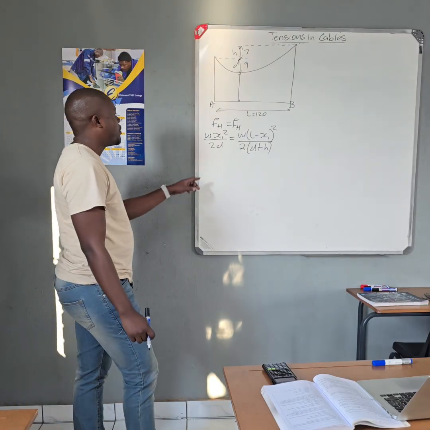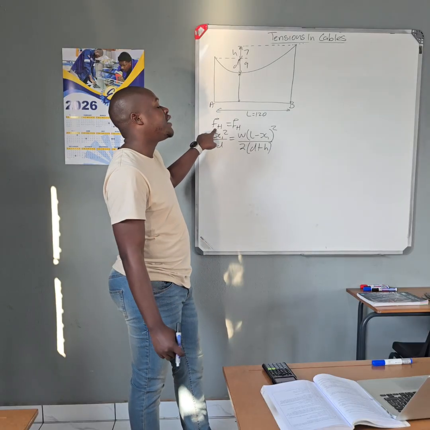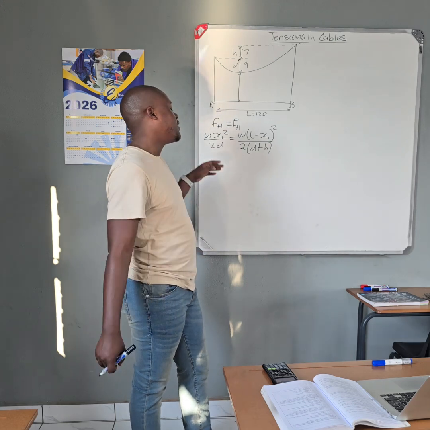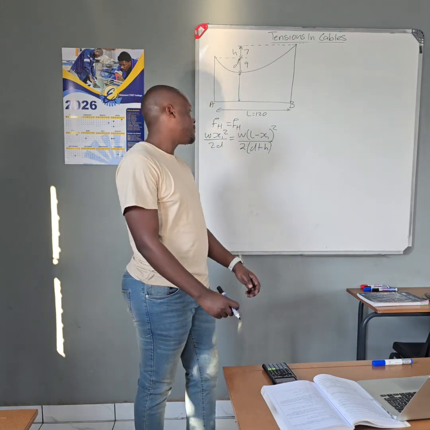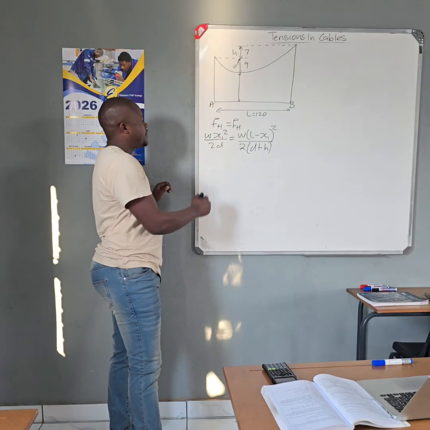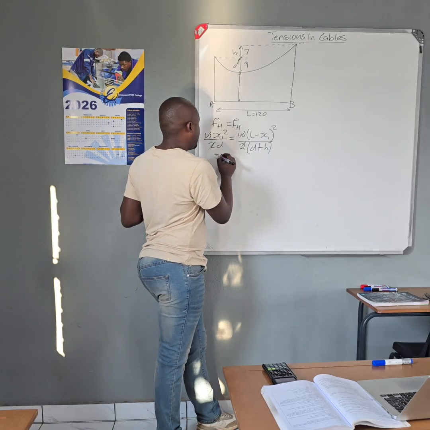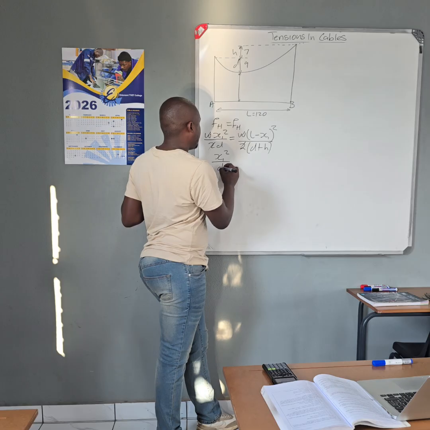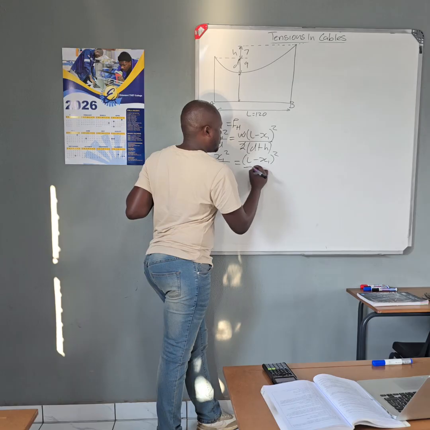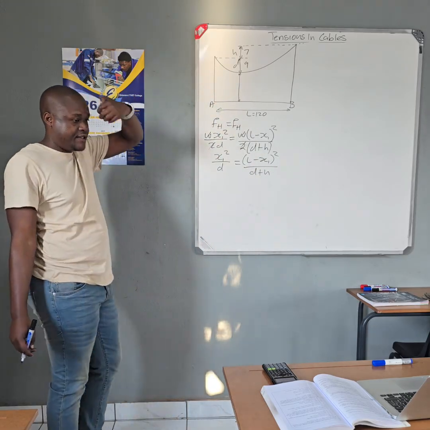So here we want to solve for x1 so that we can be able to find FH. Then with FH we can solve using the triangle of forces to find FT. So we have w over 2, we also have w over 2 this side. So let's simply just do this so that we can be left with x1 squared divided by b. This is going to be equal to (a minus x1) squared divided by (b plus d plus h).